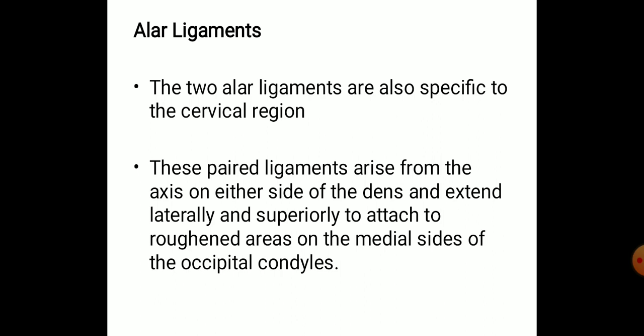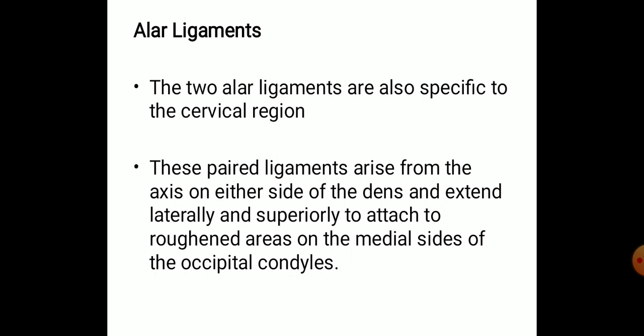These paired ligaments arise from the axis on either side of the dens and extend laterally and superiorly to attach to the rough areas of the medial side of the occipital condyle. So alar ligaments mainly start from the axis and travel laterally and superiorly to get attached to the condyles of the occiput.